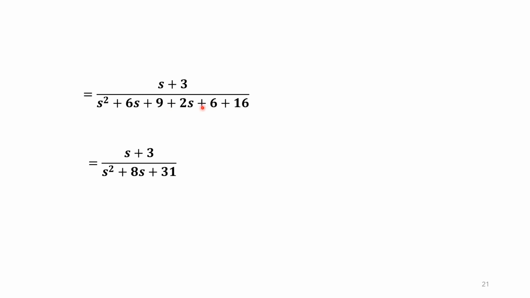Then 2 into s plus 3 plus 16. Simplifying that, we get s plus 3 upon s square plus 8s plus 31. So L of e raised to minus 3t into f of 2t is s plus 3 upon s squared plus 8s plus 31.